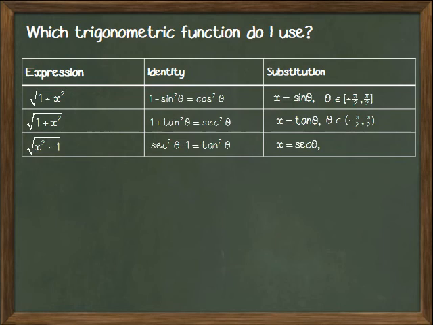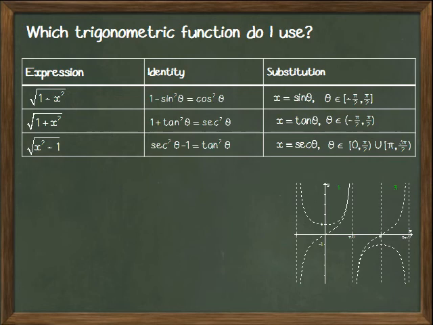The restriction on theta is a little bit more tricky in this situation. We choose to restrict theta to the interval 0 to pi over 2, which is the first quadrant, and pi to 3 pi over 2, which is the third quadrant. Now, why do we choose the first and the third quadrant?